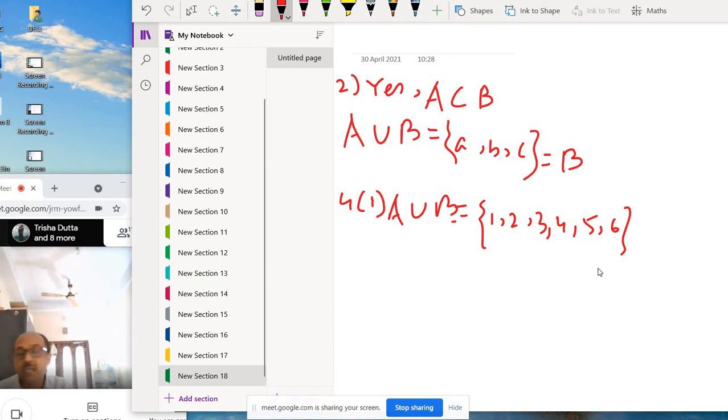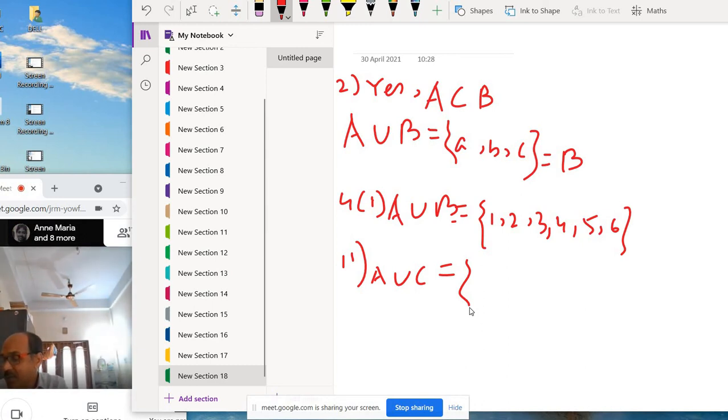Now number 2 is A union C. A is 1, 2, 3, 4 and C is 5, 6, 7, 8.